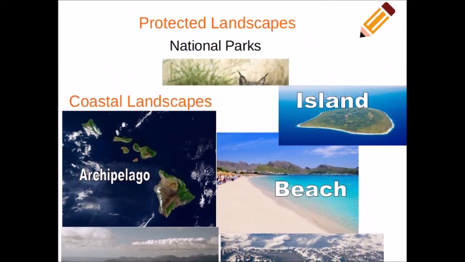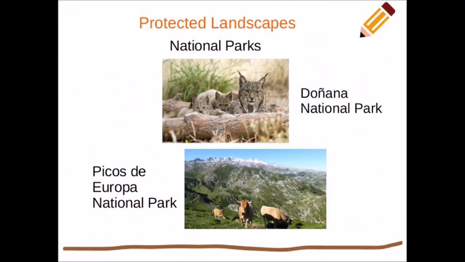So we can also take a look at protected landscapes. National parks help protect landscapes, animals, and plants in specific areas. So these are the two that your book mentions, and we have pictured on the top the Iberian lynx and down below some cows in the mountains.